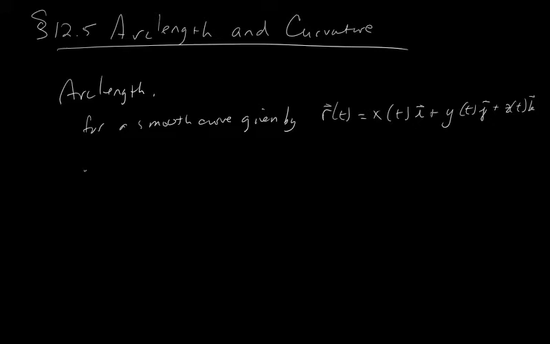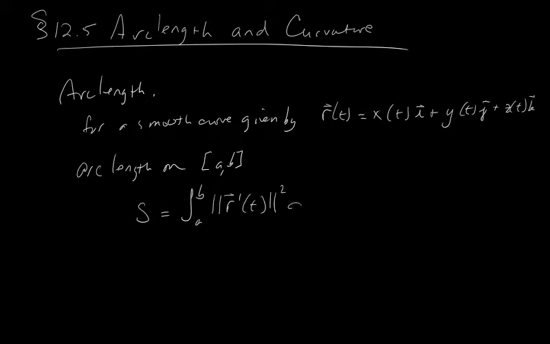The arc length on the interval from a to b is given by s equal to the integral from a to b of the magnitude of r prime of t dt. Not squared. There we go.